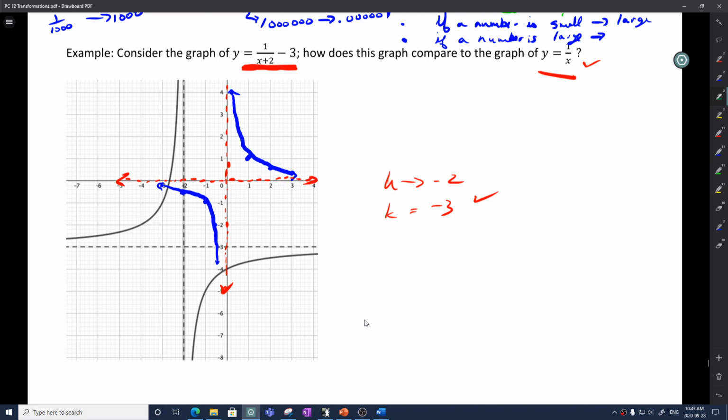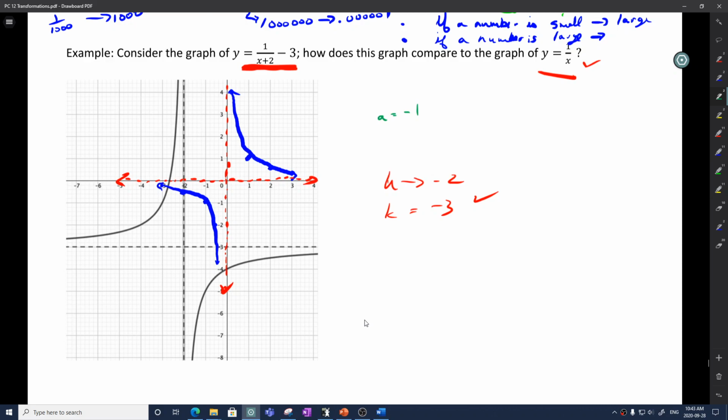But on my other graph, the graph is going up as I approach the vertical asymptote. So it almost appears here that a is equal to -1. In other words, my graph was reflected.